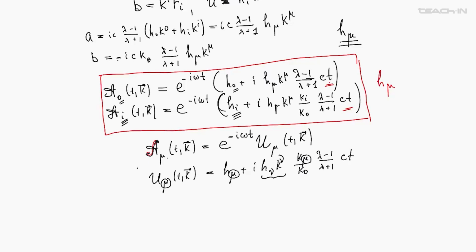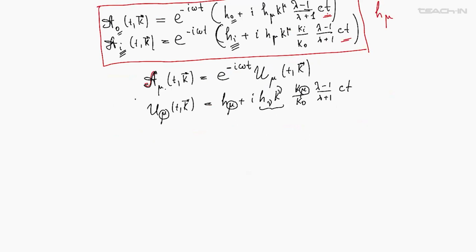Now, the full solution, coming back to this solution in x space, as we know that what we computed are Fourier components, and therefore the solution in x space will look like this.